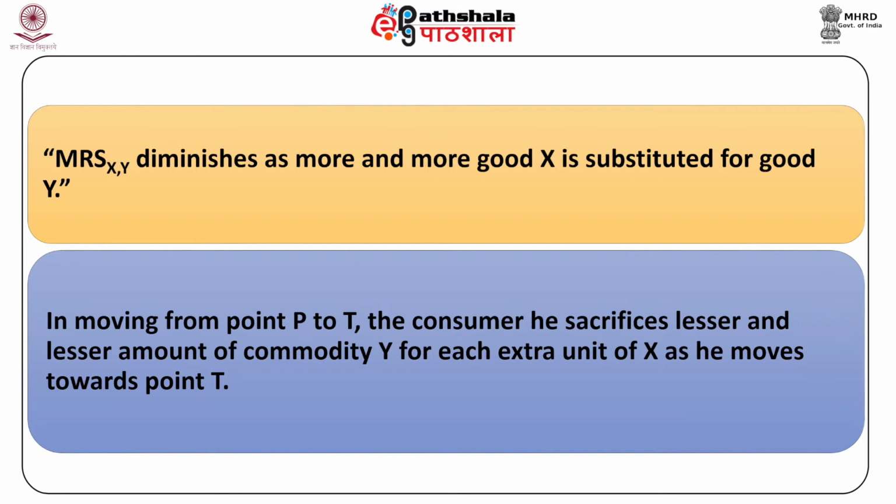which says that the marginal rate of substitution between x and y diminishes as more and more of good x is substituted for good y. The principle of diminishing marginal rate of substitution is illustrated diagrammatically in figure 4a and figure 4b.